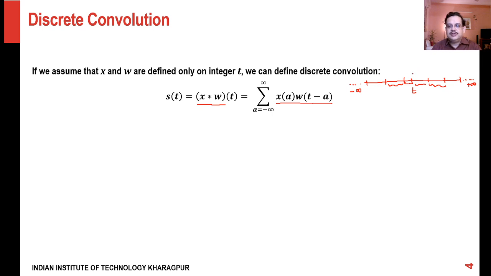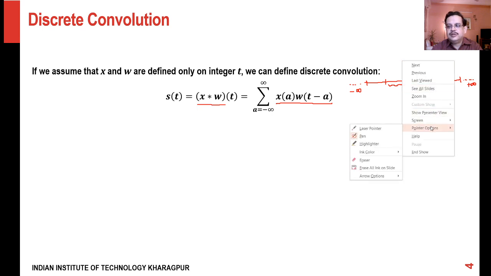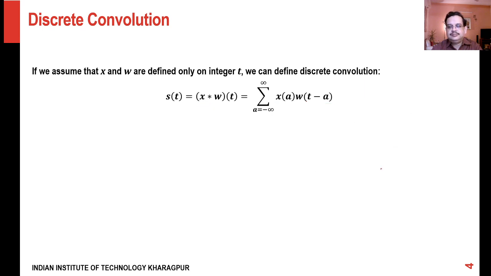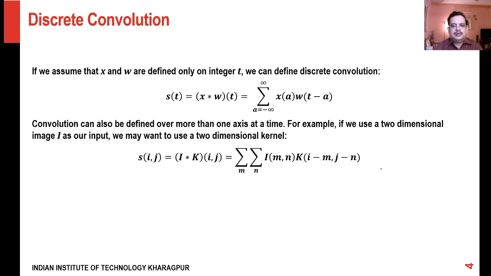But in other domains, like we shall see for image processing, we can have samples from both the past of t as well as the future of t, and t may not always represent time. It can be just any integer, and it may also represent position, for example, in a two-dimensional image. So this is the definition of the convolutional operator.